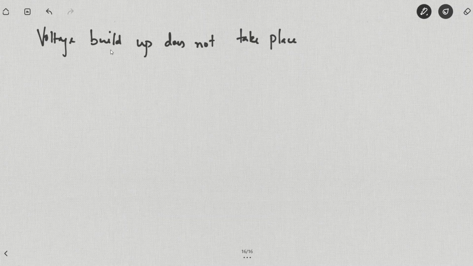So what are the possible reasons for this? Voltage build up does not take place sometimes. What can be the reasons?